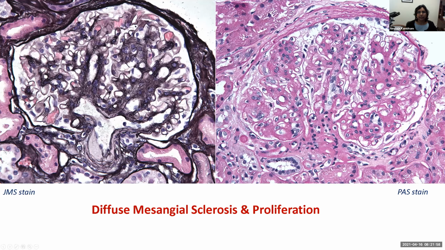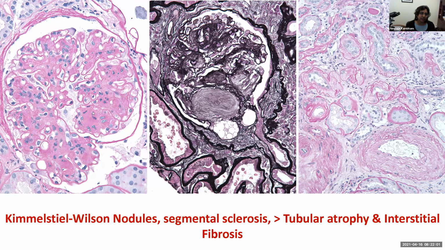And then the further stage is you're starting to see more nodularity in the mesangial areas, okay? Mesangial sclerosis, and this is a silver stain. We've seen a stain like this before. And here is a very well-developed acellular Kimmelstiel-Wilson nodule.